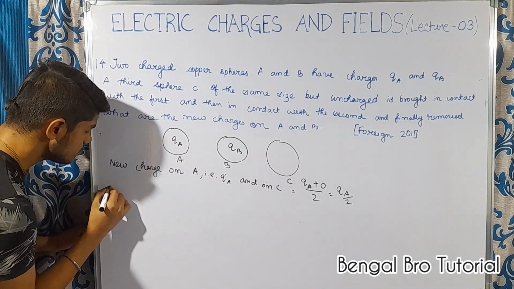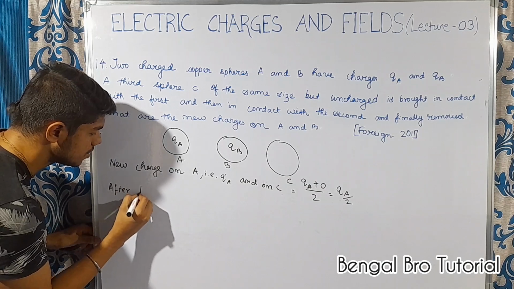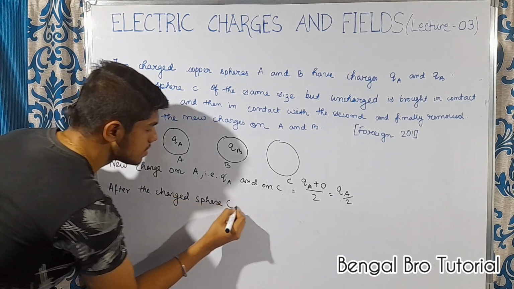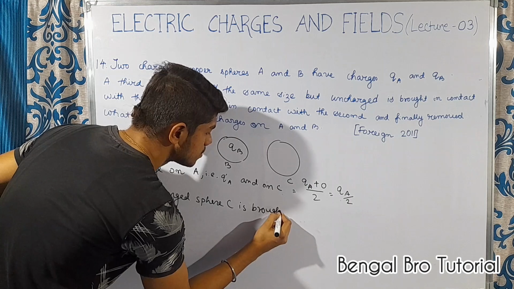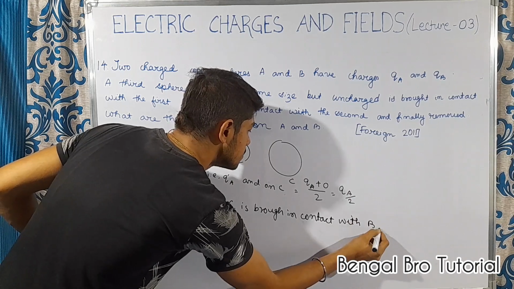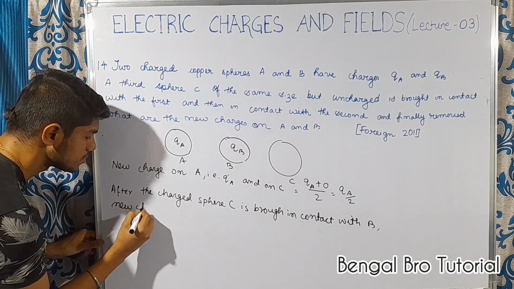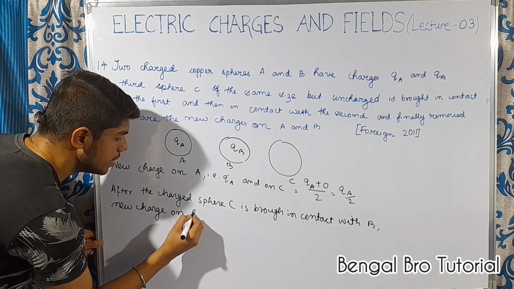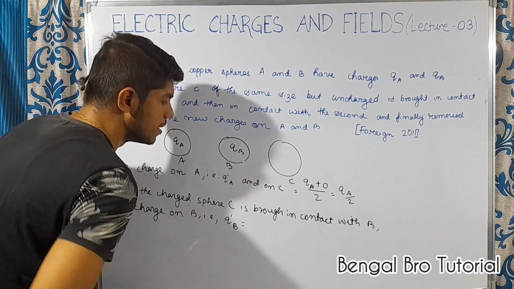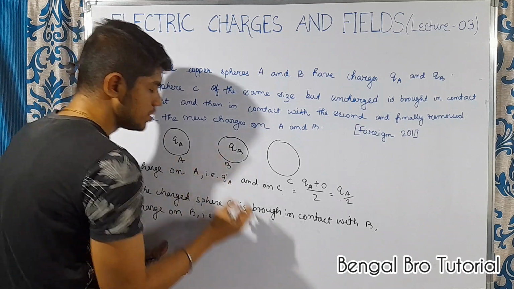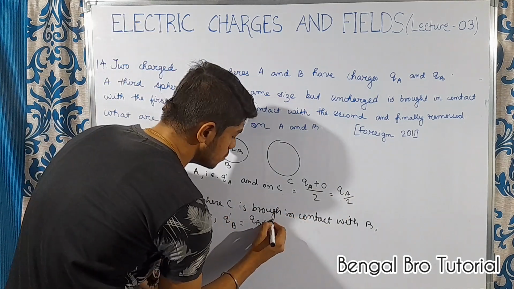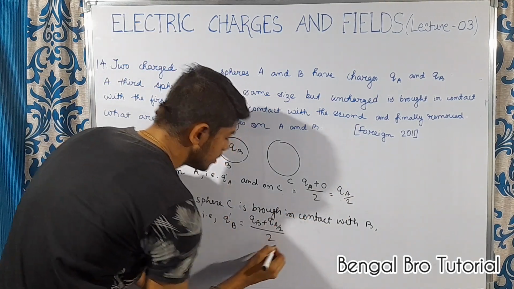So after the charged sphere C is brought in contact with B, the new charge on B, that is QB prime, will be equal to the charge on B, which is QB, plus the charge on C, which is QA by 2, all divided by 2.